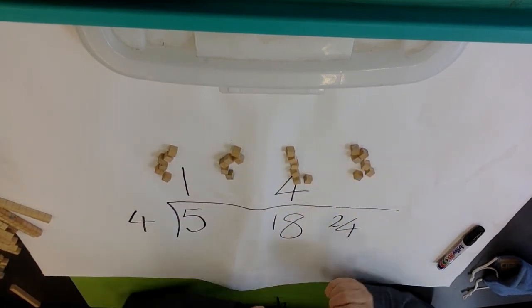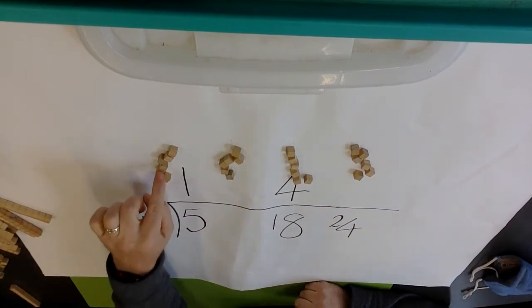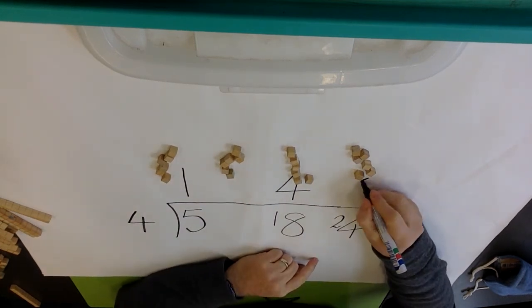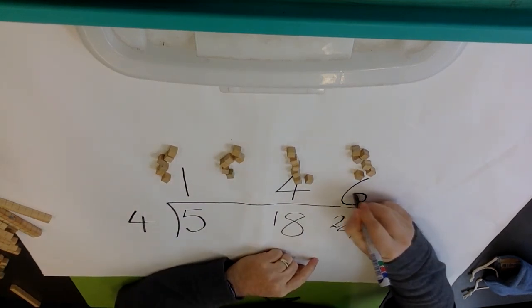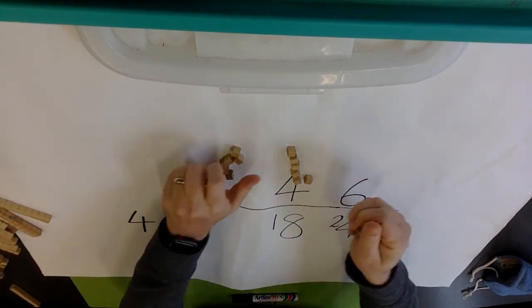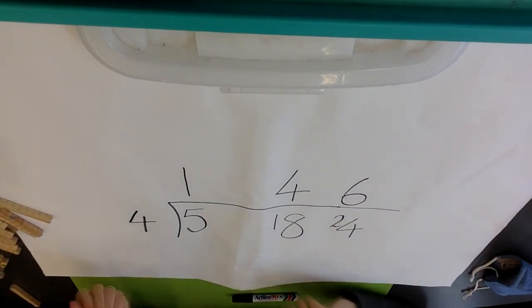And I'm lucky enough that I haven't got any leftovers. So how many were in each group? 1, 2, 3, 4, 5, 6. So 24 divided by 4 equals 6. So this is what we're really doing when we're doing short division.